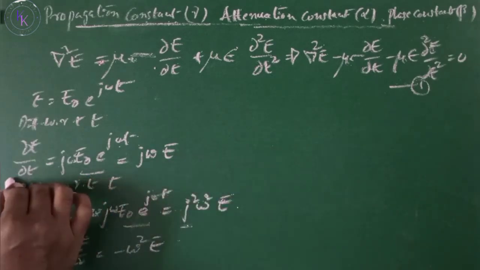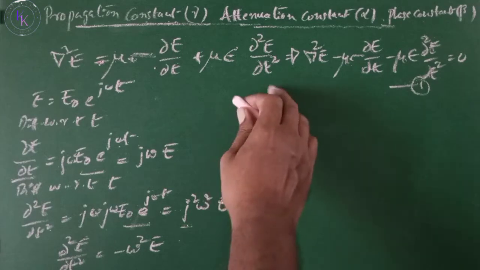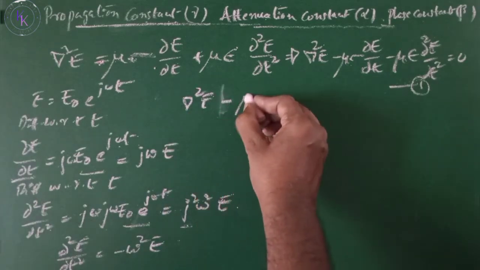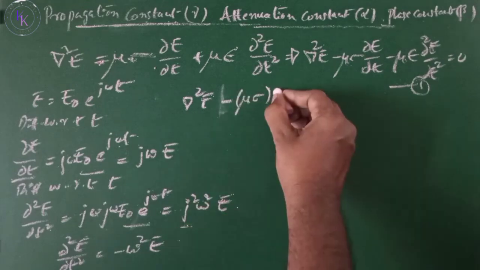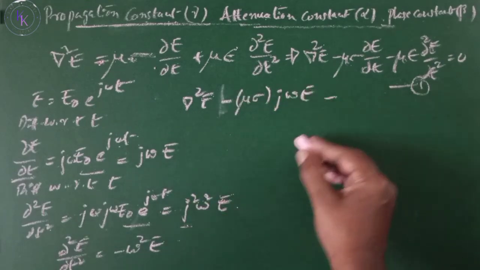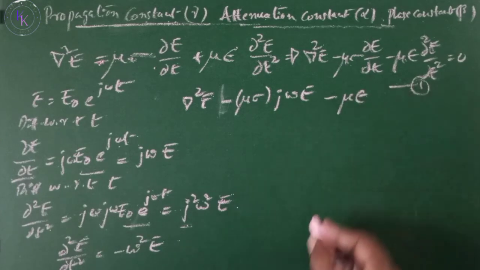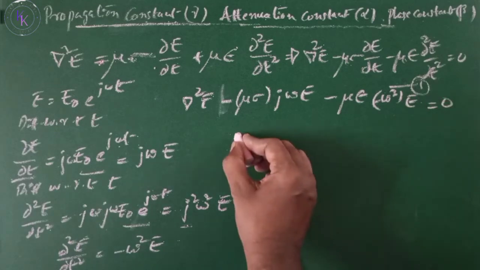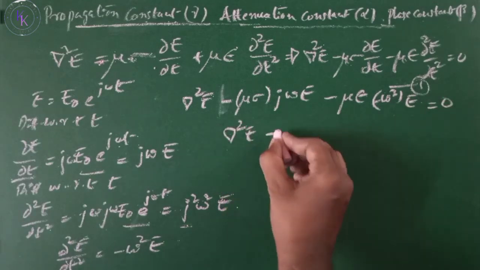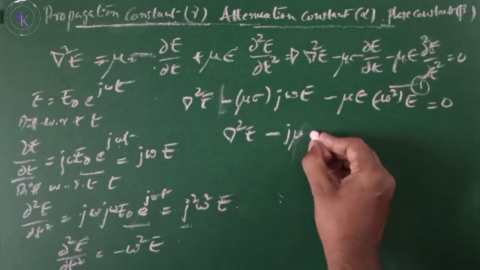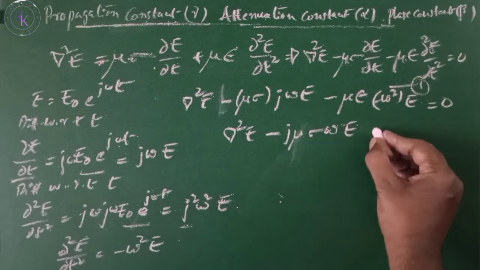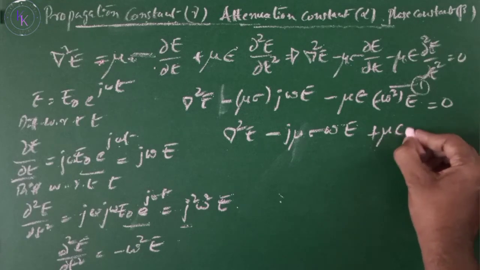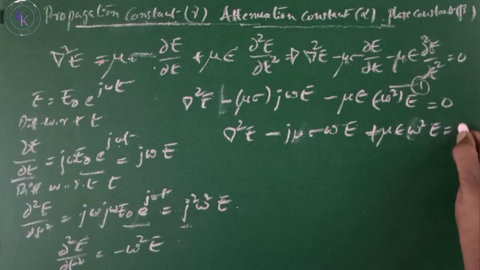Now substitute dou E by dou t and dou square E by dou t square in equation number 1. We get del square E minus mu sigma j omega E minus mu epsilon times minus omega square E equals 0. Then del square E minus j mu sigma omega E, minus of minus is plus, mu epsilon omega square E equals 0.